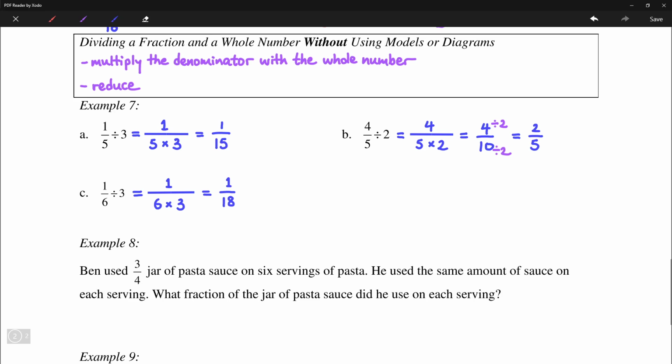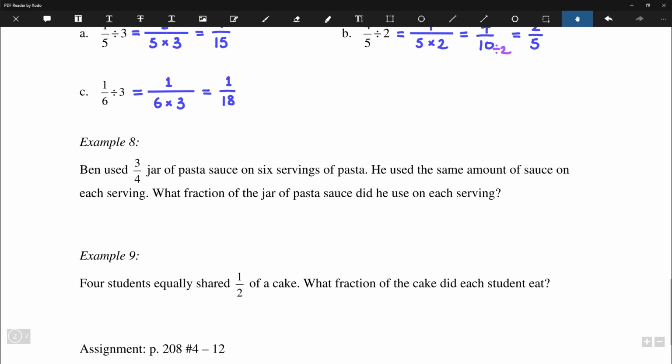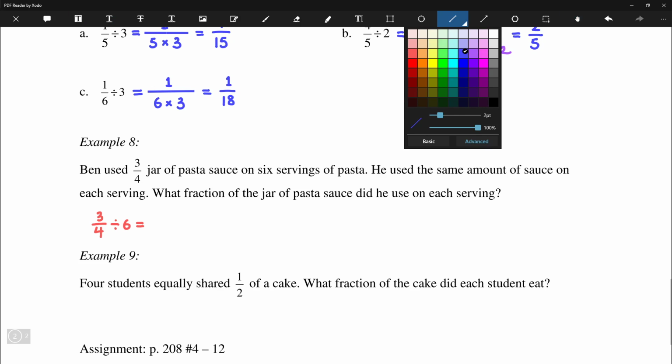So that's it. Couple of quick examples that are word problems. Ben used 3/4 jar of pasta sauce for 6 servings of pasta. He used the same amount for each serving. What fraction of the jar did he use in each one? So in this case, we have 3/4 divided by 6, which is the same as 3/4 times 1/6.